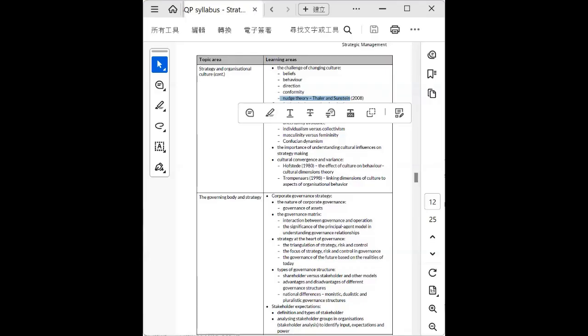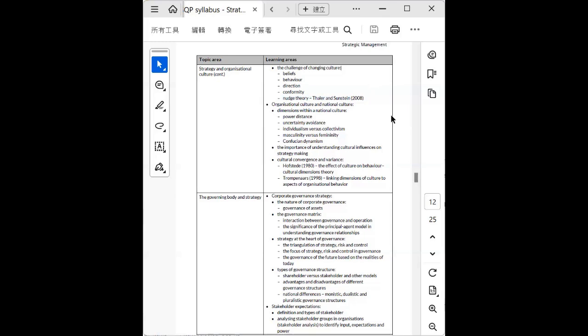We nudge the employees toward trust, openness, and teamwork without mandating it. So these are some of the challenges to changing organizational culture. As I've said, again, these are quite important. You have to be able to apply and discuss these things.